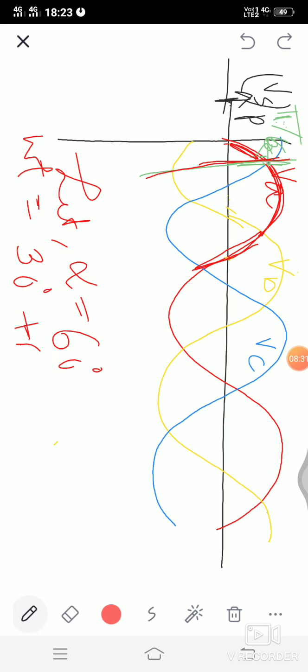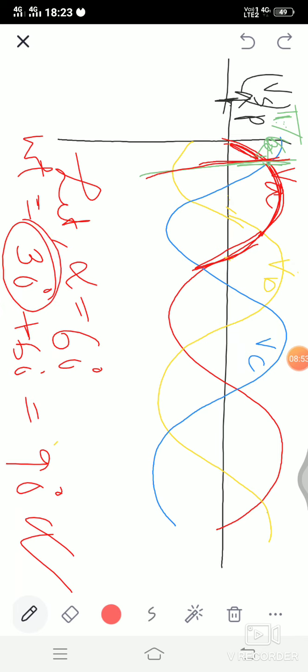So actually instead of straight away taking from 60 degree, we will have to add it up with 30 degree because of that region. Okay, so 30 plus 60, it is coming 90 degrees. So first firing will be taking place for T1 at 90 degree instead of 60 degrees. So it will be taking place at 90 degree because of this addition. Okay, this is your alpha actually.